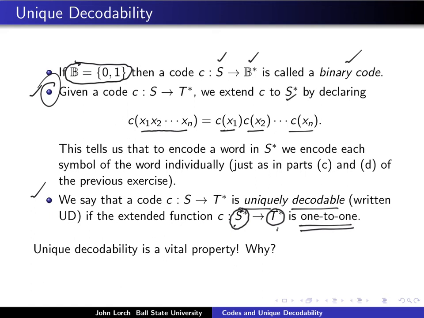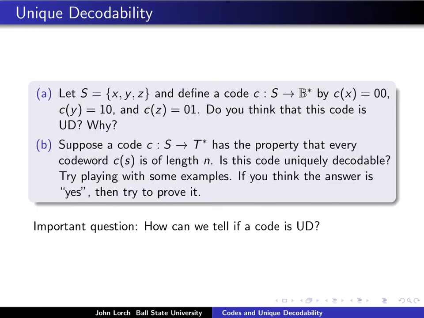So that code on the previous slide was not uniquely decodable. So unique decodability is vital because it allows us to reconstruct with certainty original messages from coded messages. So apparently unique decodability is an important feature for a code to have.